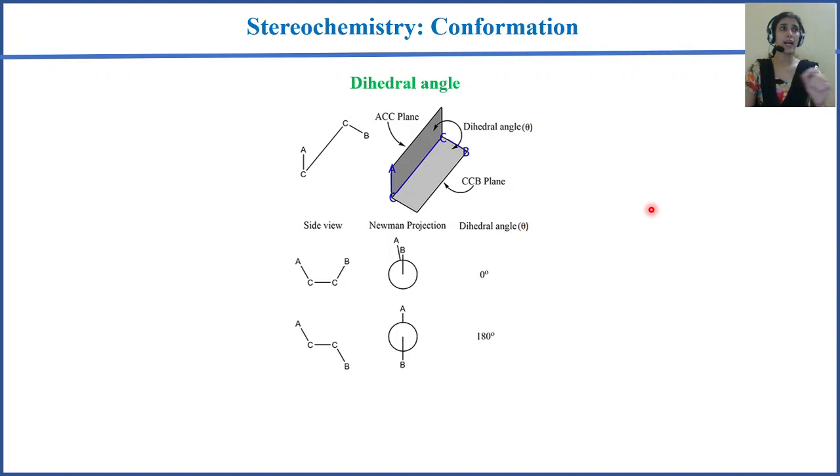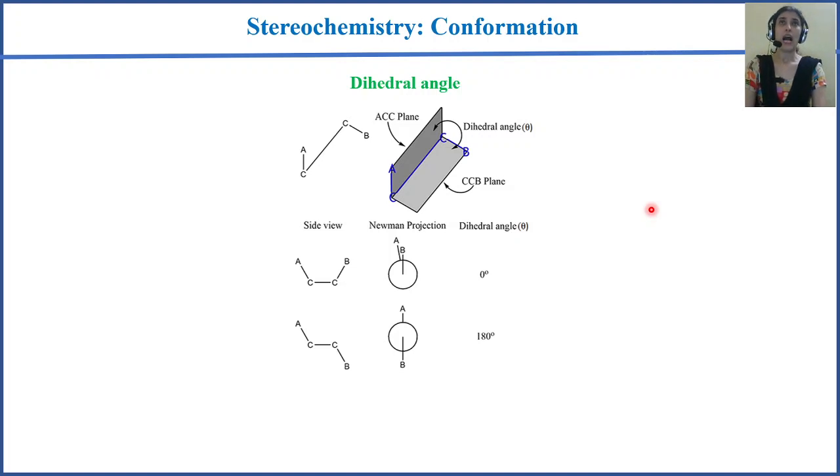If you draw two lines on plain paper, you will get an angle in 2D. Now, what is the dihedral angle? The dihedral angle is the angle between two planes. Till now, we are familiar with the angle generated by two lines.